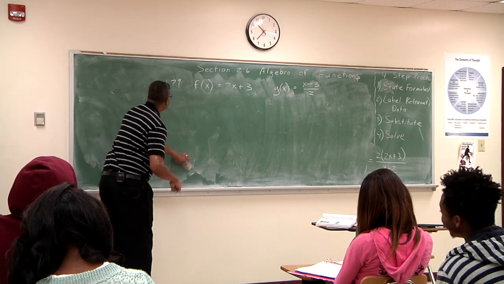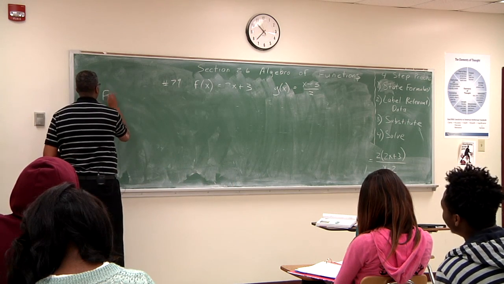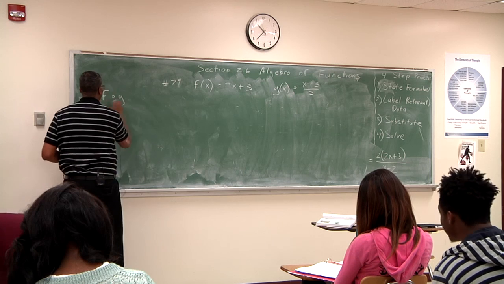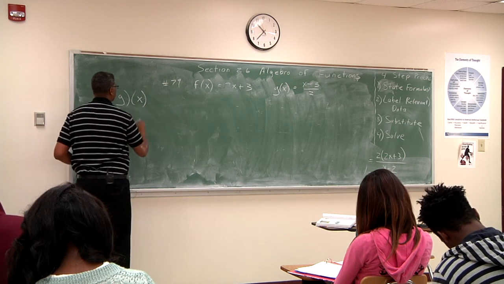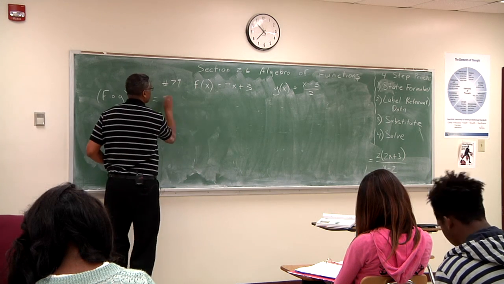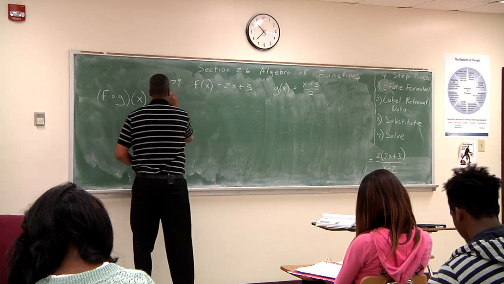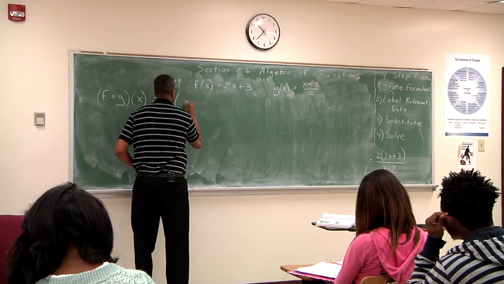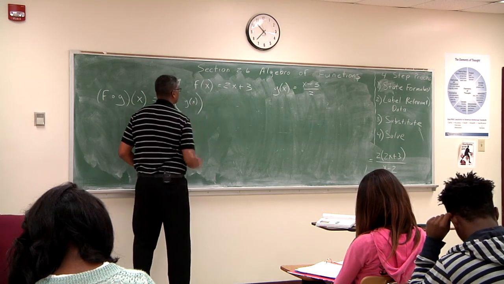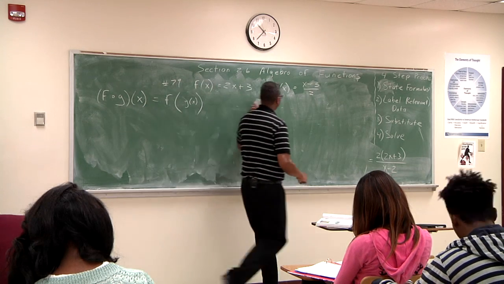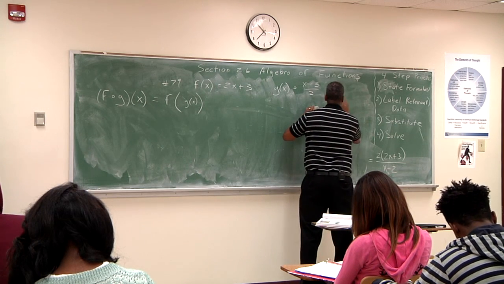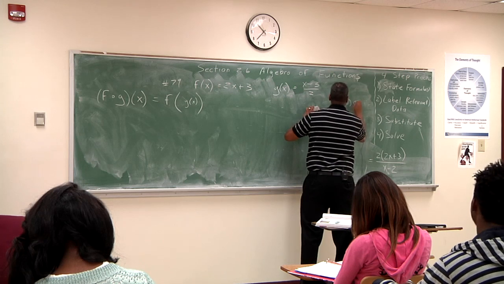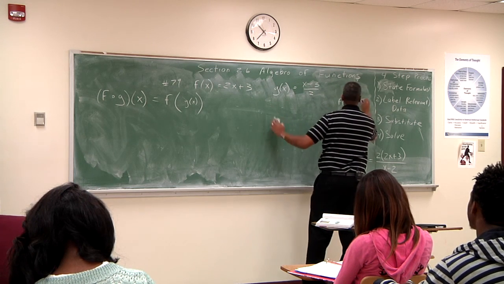So we have f compose g of x. We know that's equal to f of g of x, right? And let's just recap. We know that f of 0, this problem is going to be what?